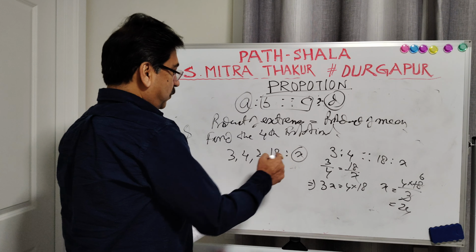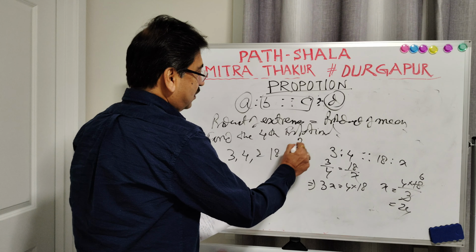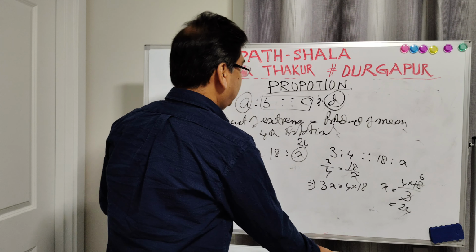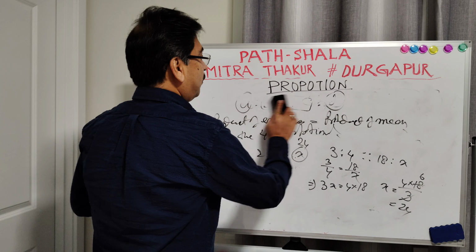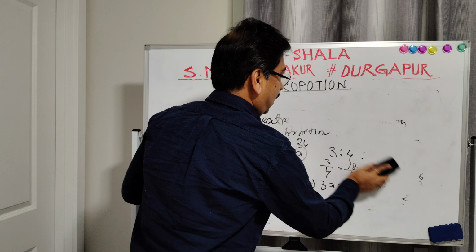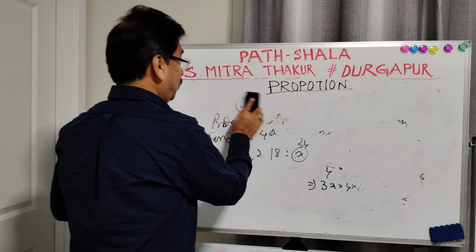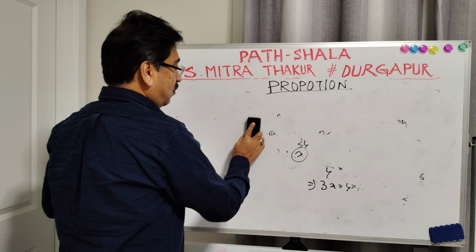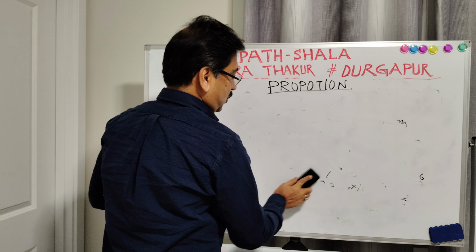So the fourth proportional, x, will be 24. Right? This type of math will come from the proportion chapter, and I will show the product of extremes, product of means and continued proportion.